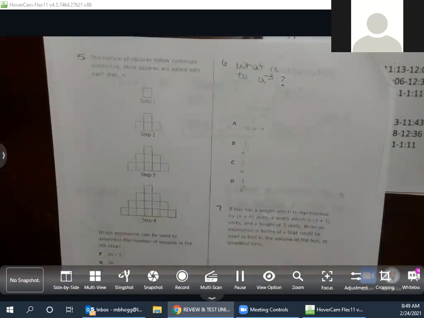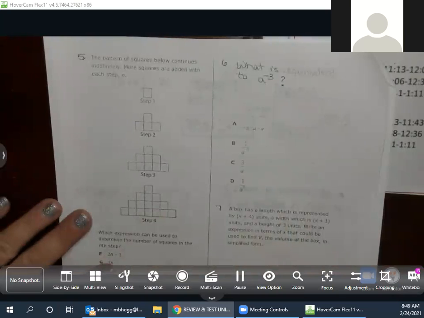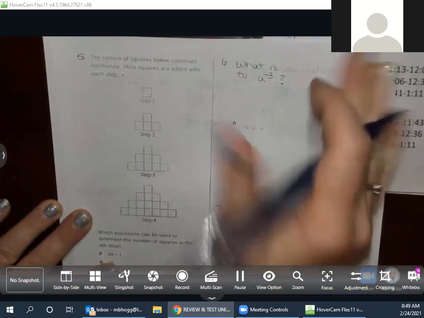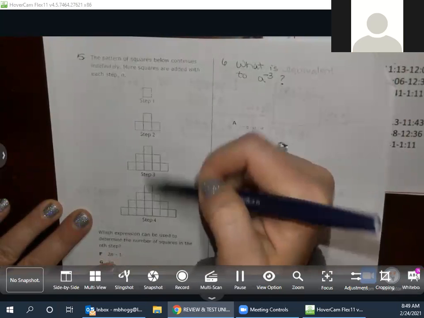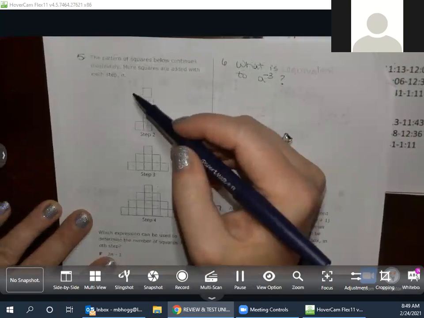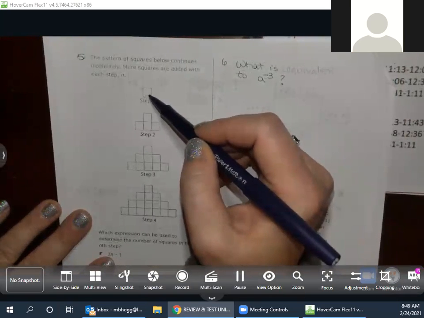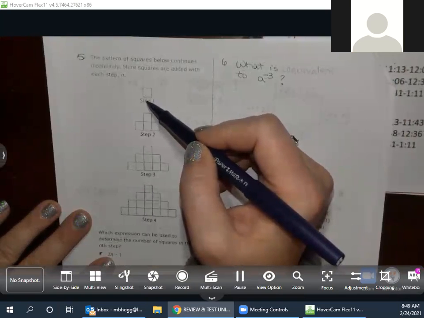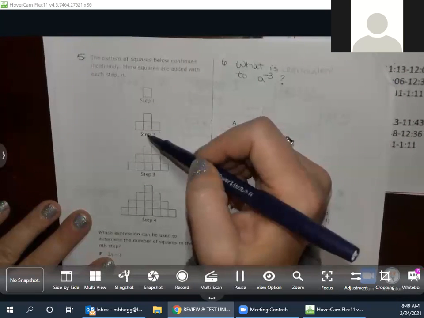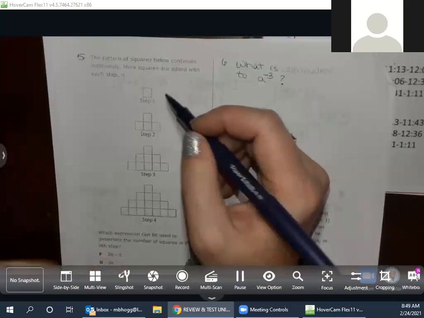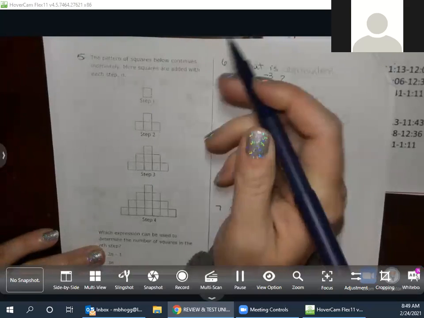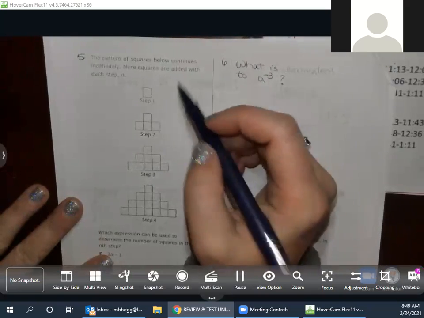I'm going to tell you right now, there is a question like this on the test on Friday. It's not exactly these same shapes, but basically you'll see level 1, there's one square, and then in level 2 it'll have different numbers of tiles, squares.